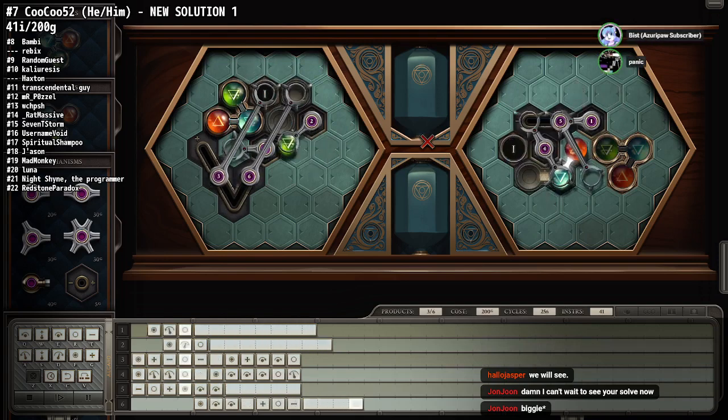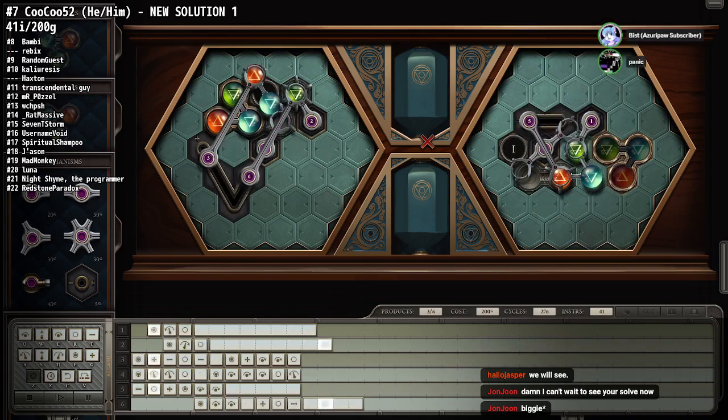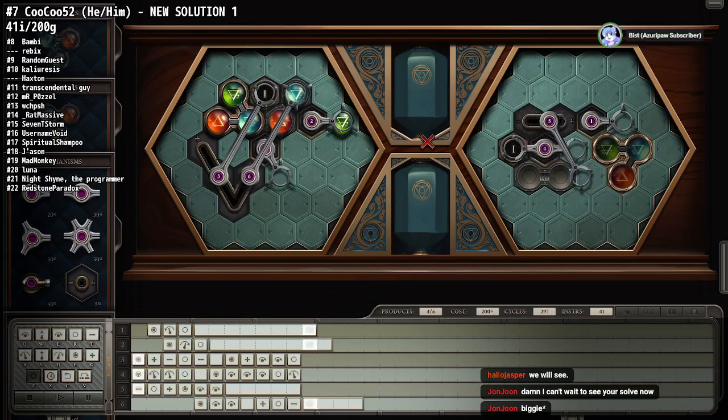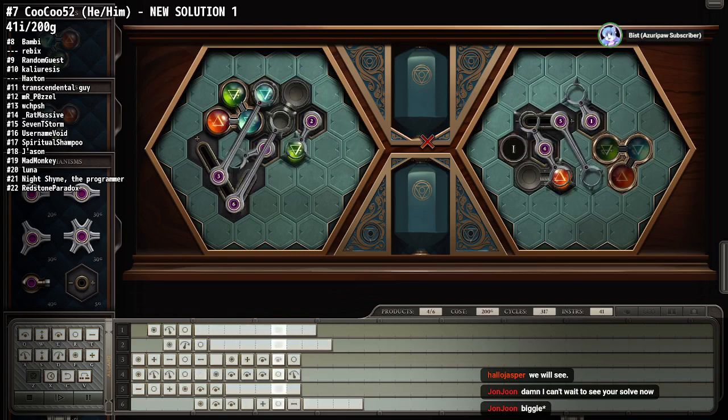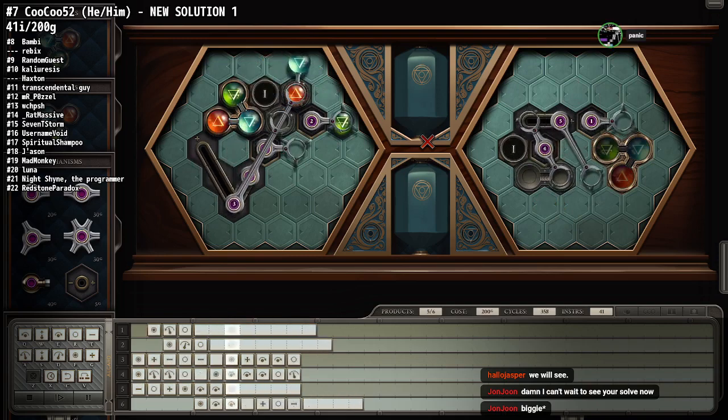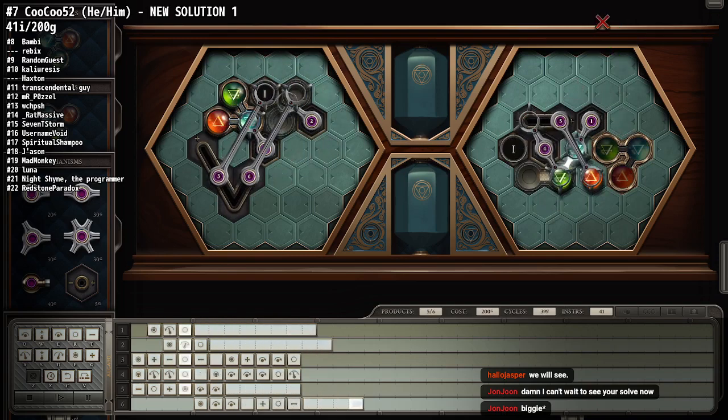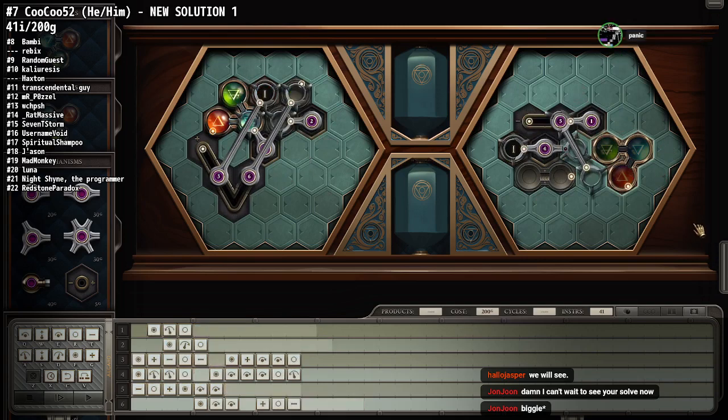It doesn't quite work from that point, but then Arm 2 makes it work with just the cost of 3 instructions. What you really want is for the conduit to be on the same hex as the place where the atom's getting debonded, so that you can just drop it right in there. But since it has to be one off, you need Arm 2 to fix it up. This is 22 disassembly, 19 assembly.